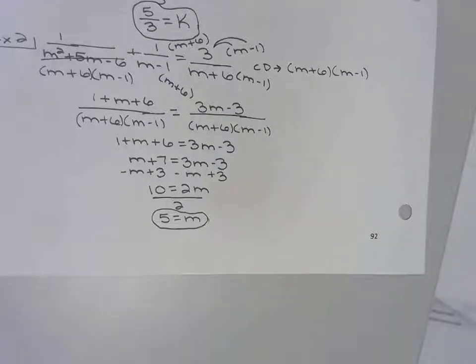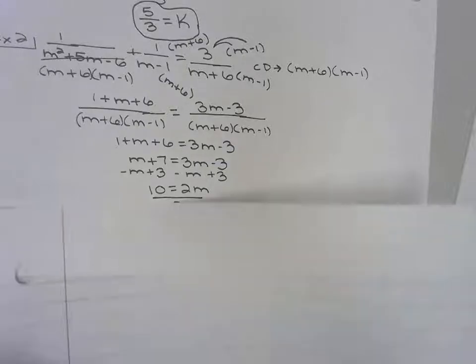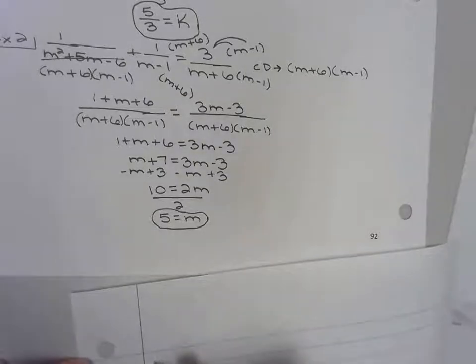Okay, one more example. I'll either let you finish the test if you need to, or start working on this homework. So example 3, let's look at one like this.